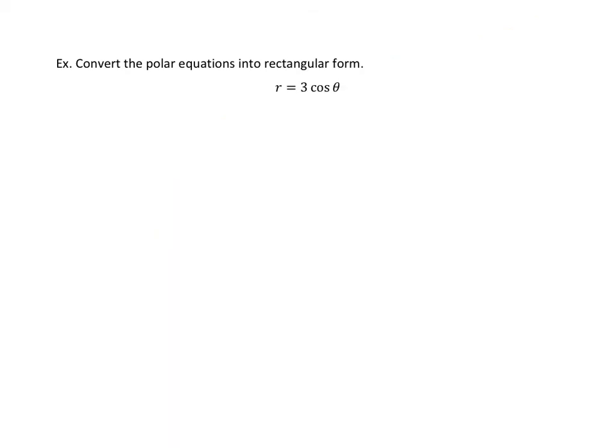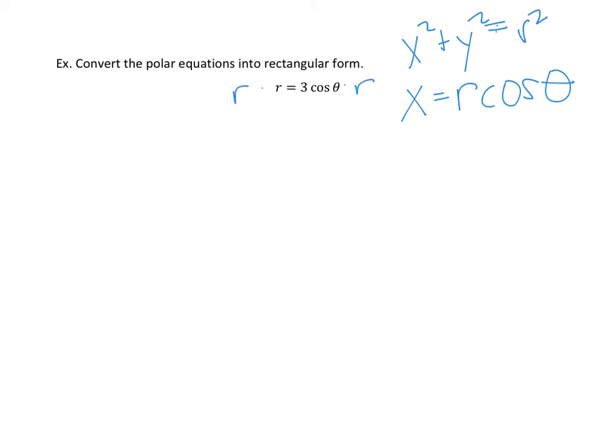Okay, changing this one to rectangular form. Remember, we have x squared plus y squared equals r squared. Well, we have r, and in order to make it r squared, I could square both sides, but then I'm not going to have any substitutions for cosine squared, because remember, x equals r cosine theta, not cosine squared. The other way to get an r squared without squaring both sides is multiplying both sides by r.